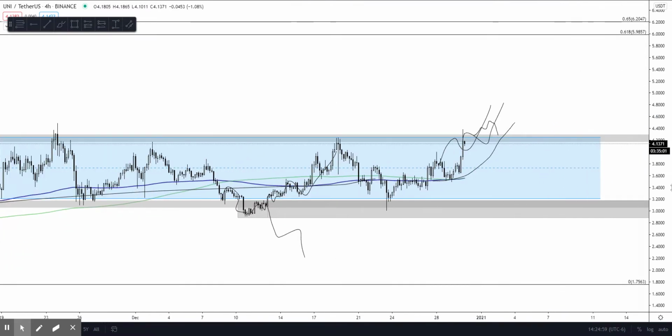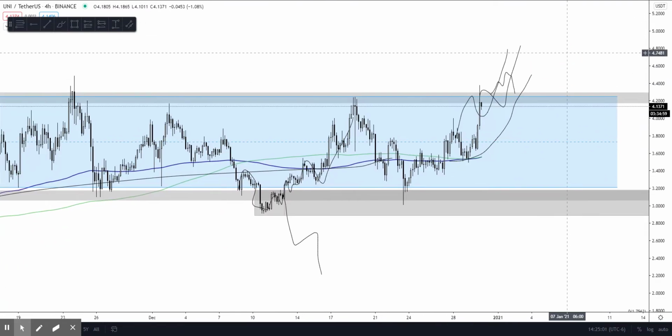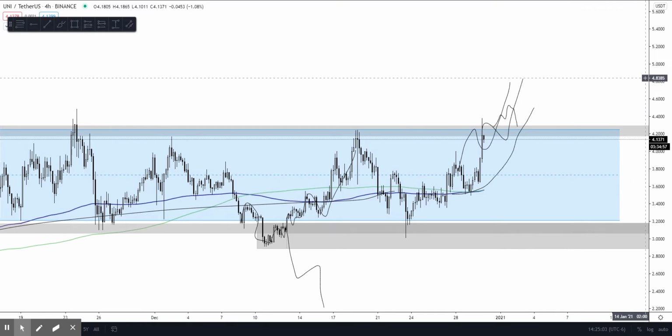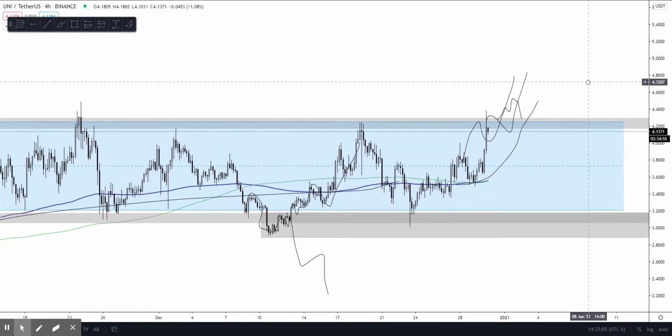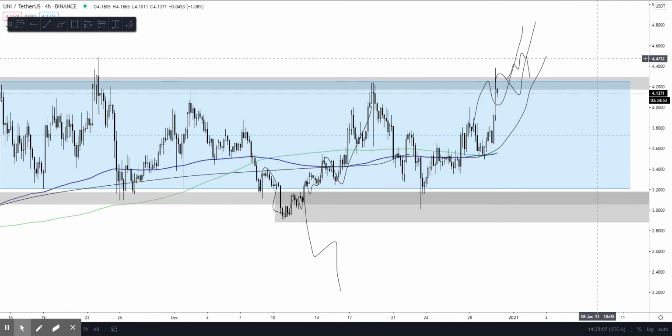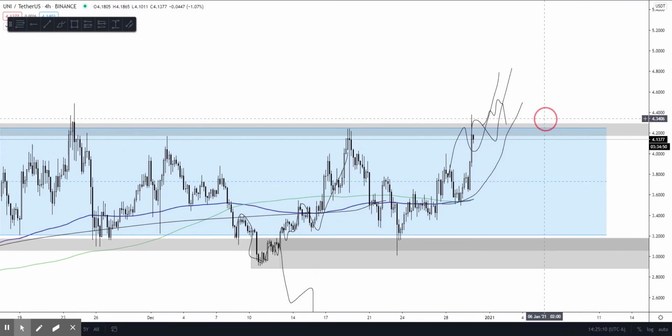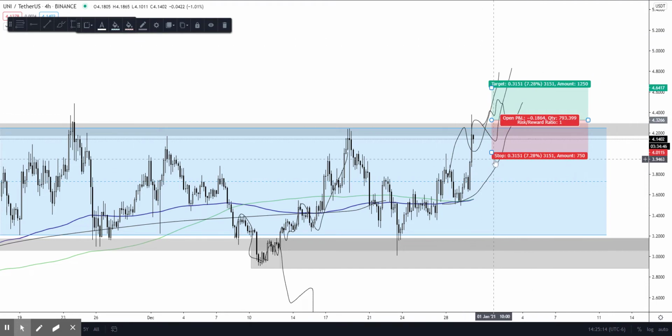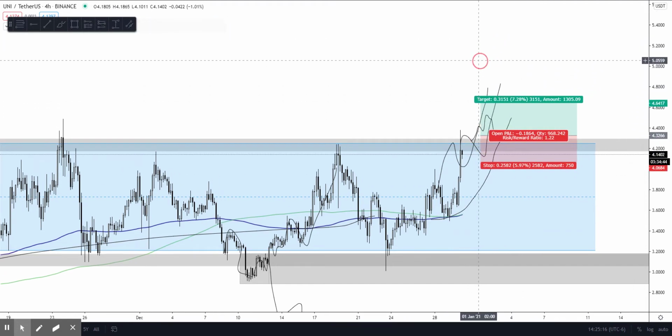So that's not a realistic thing right now. We need a 100% move to even start talking about all-time highs. So I'm not going to talk about all-time highs. I don't want to give you some sort of false hope.